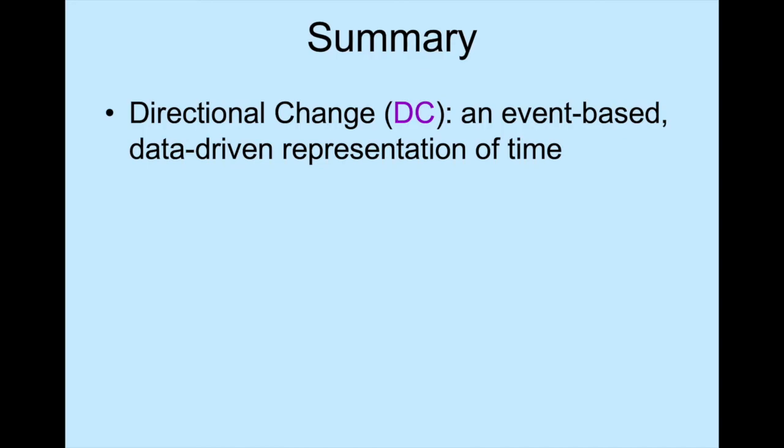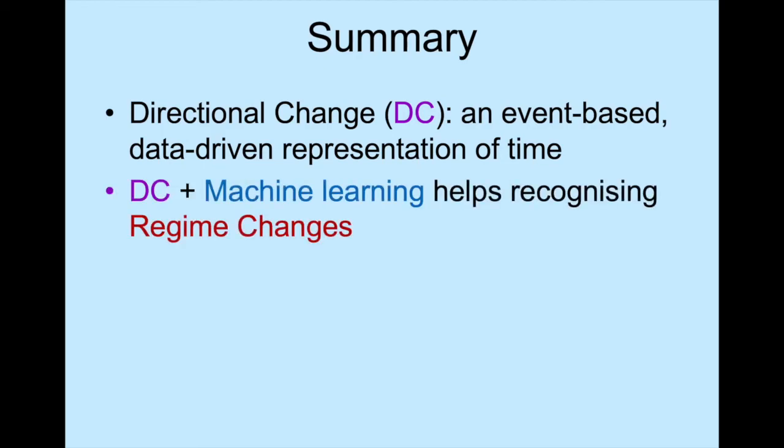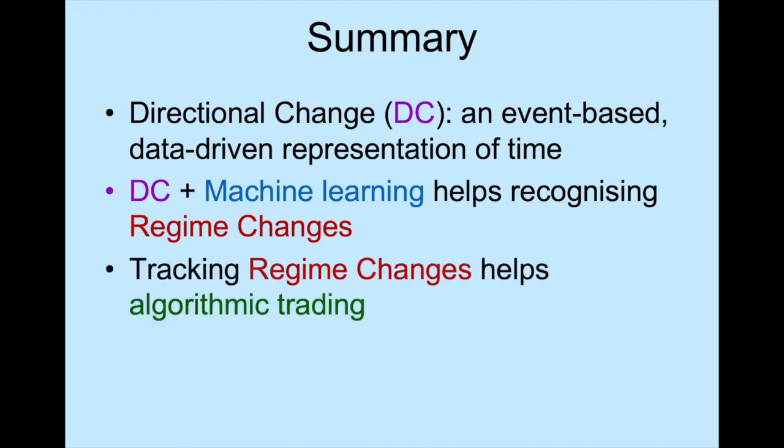This is different from the time series, which sample transactions at fixed intervals. We have shown that machine learning can help us to recognize regime changes using directional change indicators. We have further shown that one could track regime changes dynamically in the market. This could help algorithmic trading.